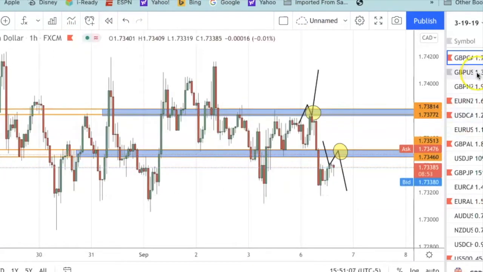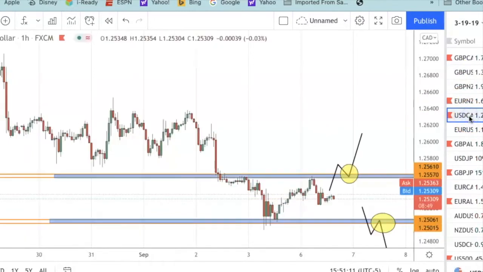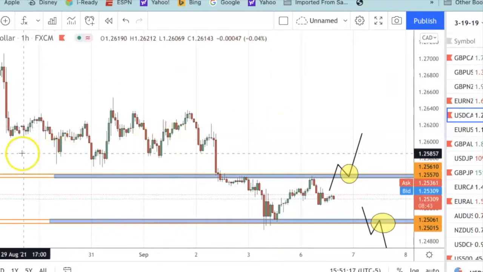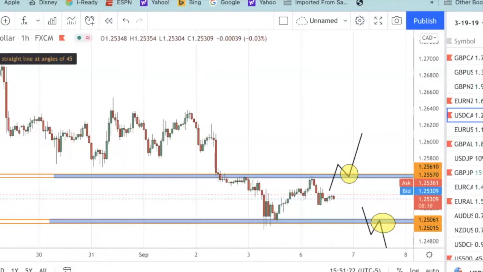All right, so this is GCAD, Euro NZD. Here we are, same thing. These are all charts that I have marked up currently. Now, if we look right here on UCAD, I can show you a bigger zone of price action in a movement that happened for a sell.